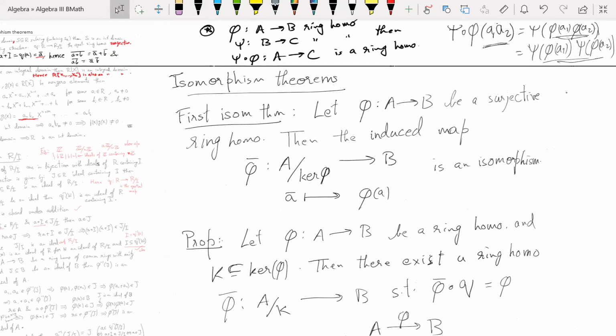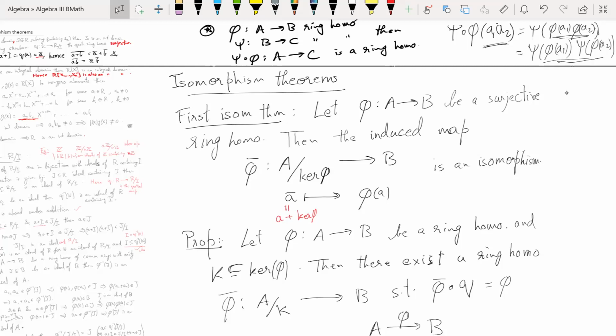Then the induced map phi bar from A mod kernel phi to B, which sends a bar to phi of a, is an isomorphism. Here a bar is the image of an element a in A mod kernel phi, so a bar is the same as a plus kernel phi. Kernel phi, remember, is an ideal of A. This is the statement of the theorem.